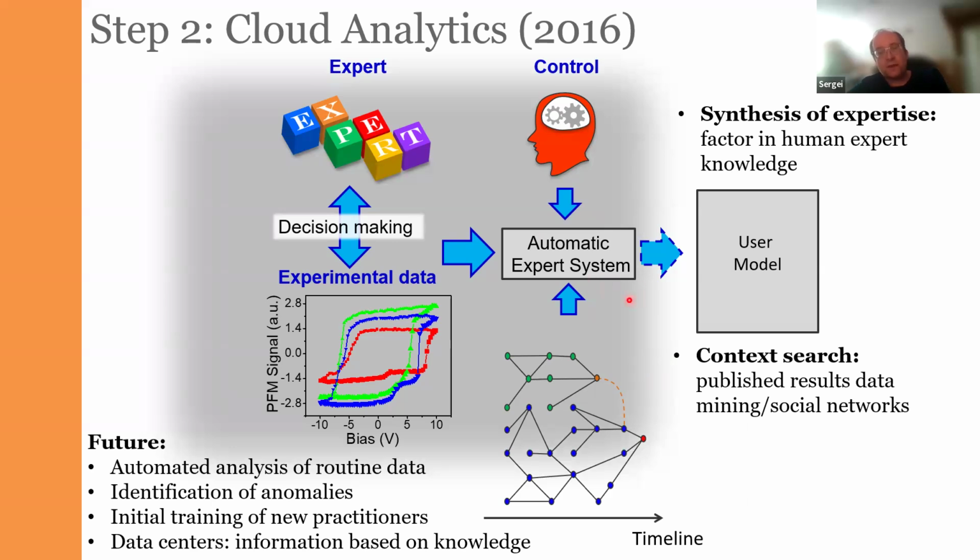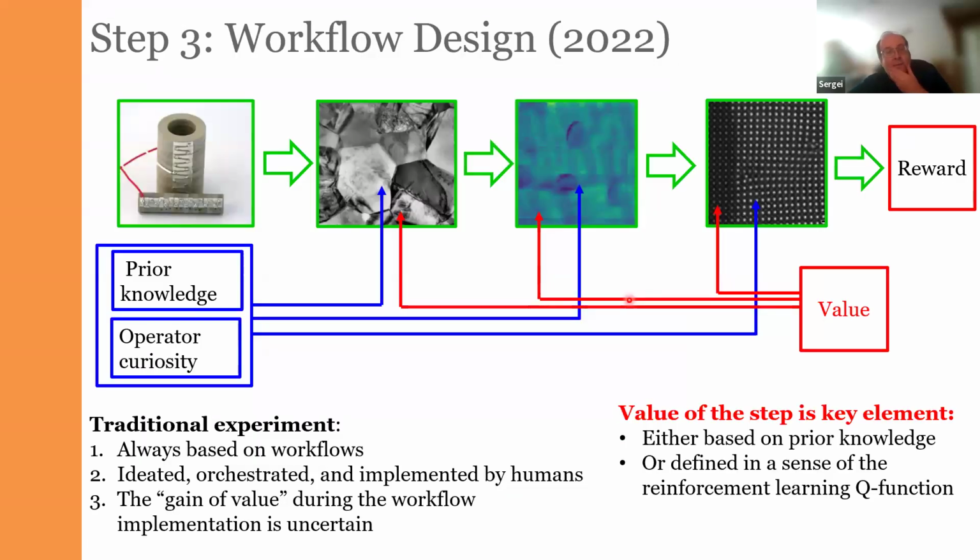but practically it's already doable with the classical OpenAI interfaces. The part that is a big challenge, in my opinion, is the transition from these tools to actual workflow design. Because as I showed in the very beginning, the whole process of scientific discovery very heavily relies on prior knowledge, curiosity, and anticipated value.